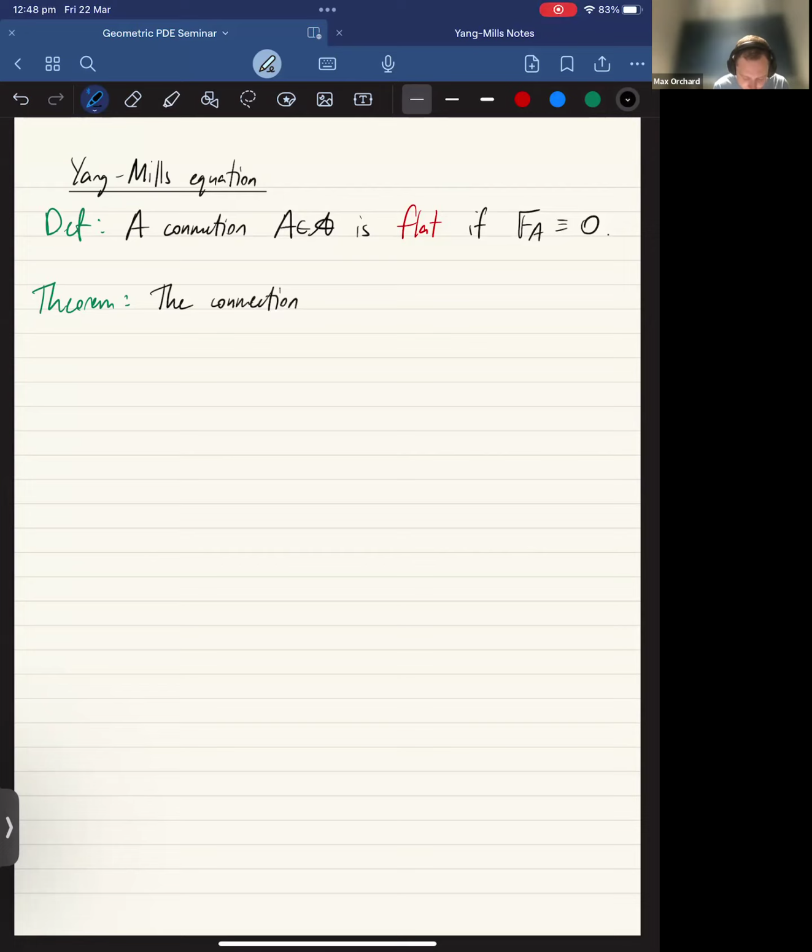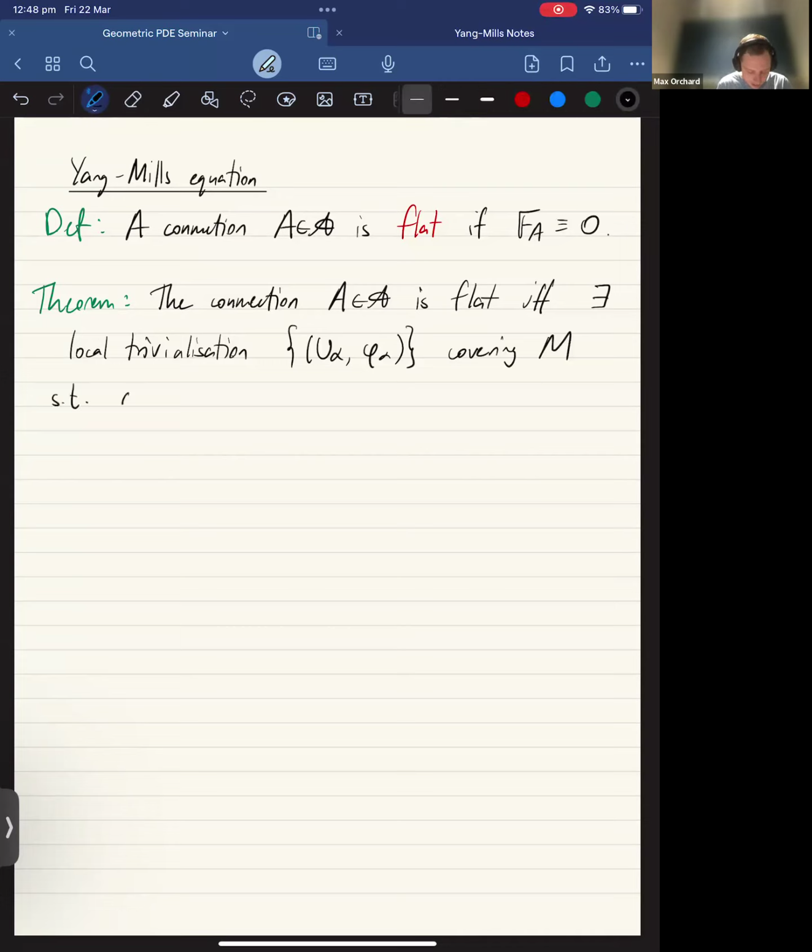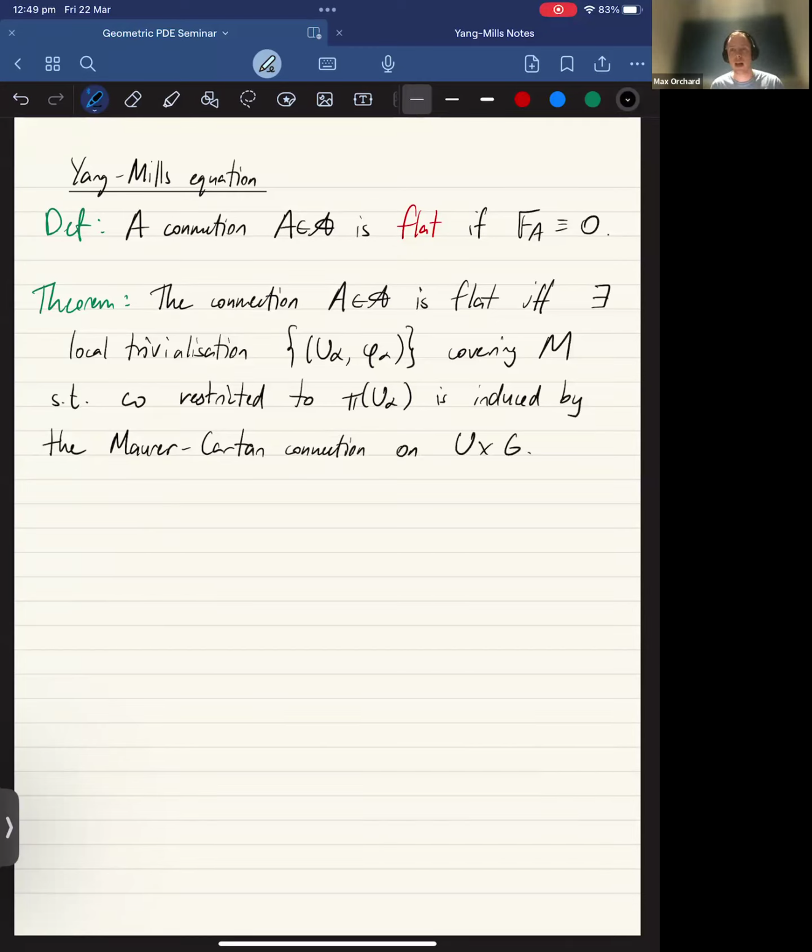The connection A is flat if and only if there exists a local trivialization U alpha, phi alpha covering the base manifold M such that the connection form restricted to, well, where this locally looks like a product, is actually itself induced by the Maurer-Cartan connection on the trivial U times G. And I guess it has to be induced through a map here. It has to be induced through this trivialization phi alpha.